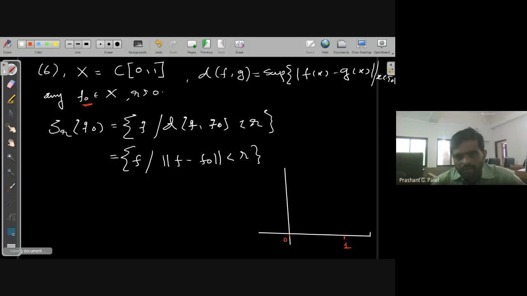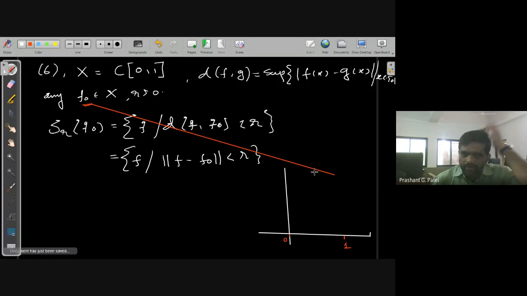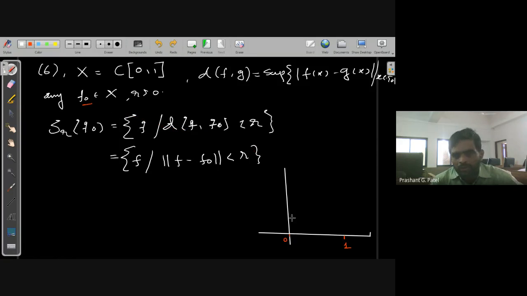Let's say the function f0 looks like this. Then what set of points is required?